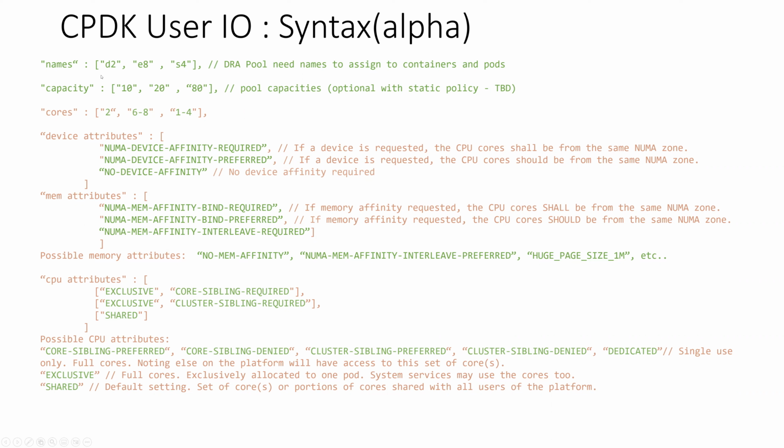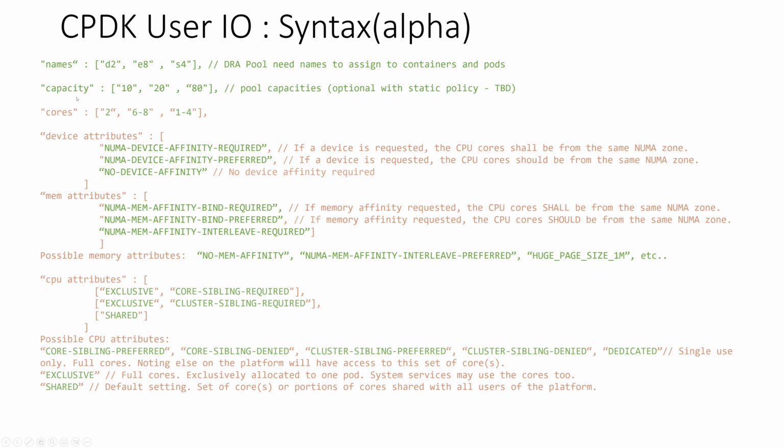In this example, we have 3 core pools: some core pool with 2 cores, some core pool with 8 cores, and some core pool with 4 cores. Then these are just IDs which we can use to reference each pool in the claims by, for example, resource class argument or something like that.